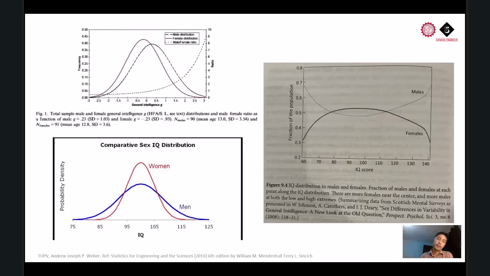So it's just a ratio of male to female. And the IQ score is not standardized, so we have 60 up to 140. What this graph basically shows is the ratio of male to female for that specific IQ score.